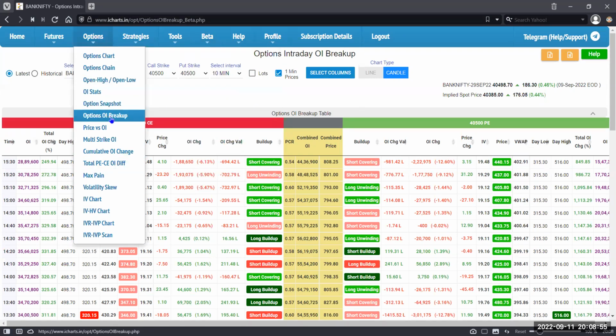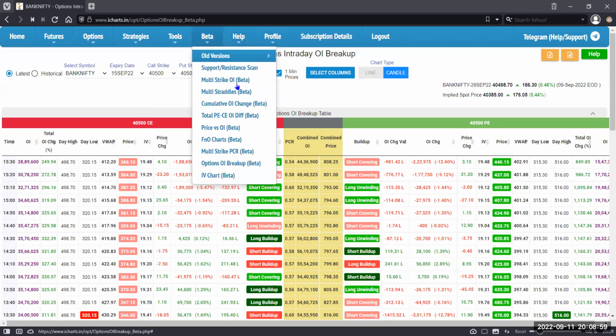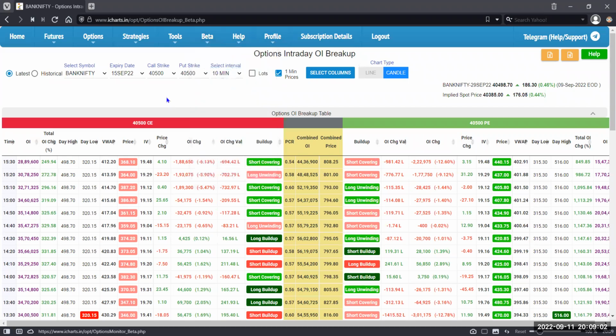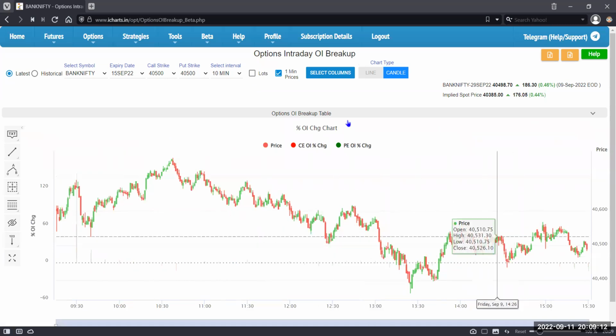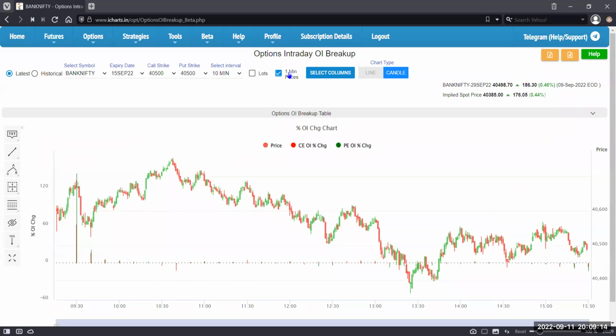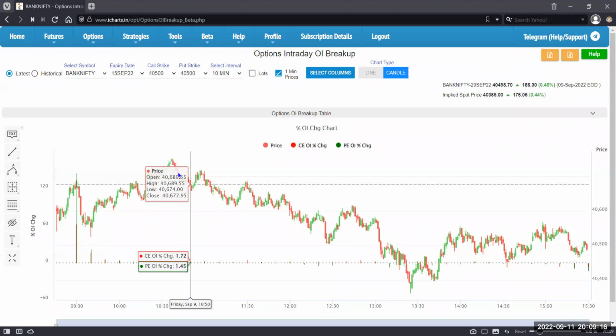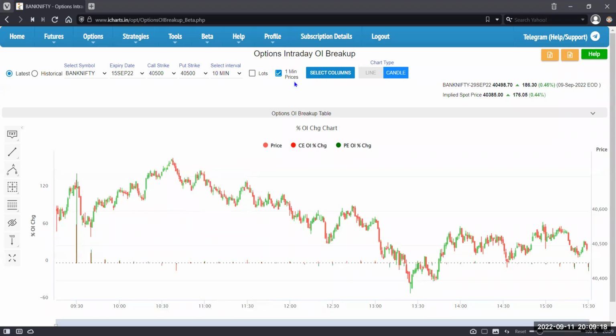So this is the current live one, but significant functionality has been added over here. The main thing that has been added is the lots part, then the 1 minute prices. This is for the 1 minute chart. If 1 minute is selected, then this time frame's candles are not used, but 1 minute candles are used.